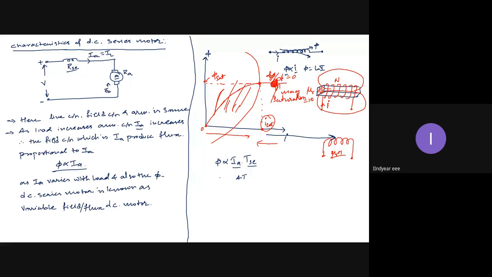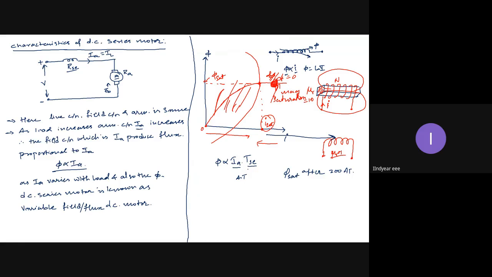Now suppose the flux saturation occurs after 200 ampere turns. Then how many turns can I keep in the series field?